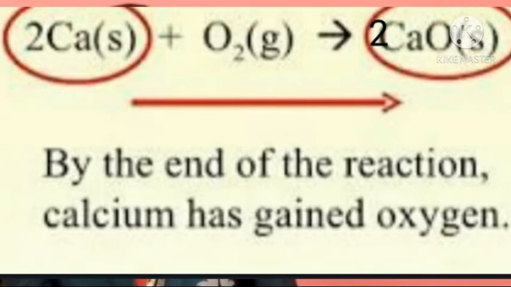And the first example for this topic: if we see that 2 calcium atoms react with 1 molecule of oxygen, it forms 2 molecules of calcium oxide. Calcium reacts with oxygen, forming calcium oxide.